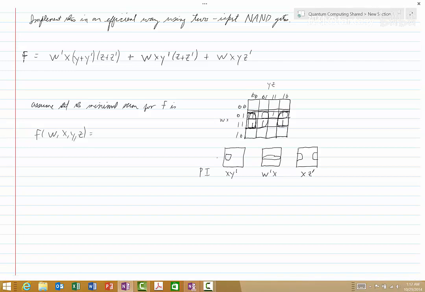Okay, so those are the prime implicants, and when we want to identify the essential prime implicants, well, for the last one we just identified, we see that this is an essential 1 cell, and this is an essential 1 cell, and this is an essential 1 cell, and that's enough to tell us that all of the prime implicants are indeed essential prime implicants.